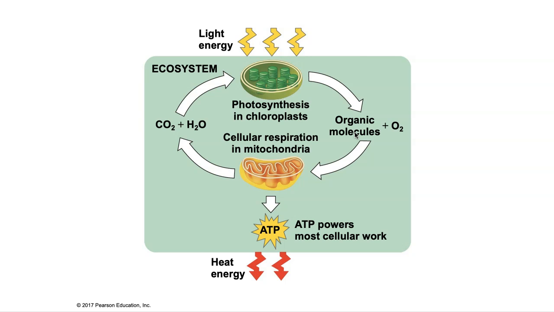So then we have organisms that contain mitochondria, such as animals. Plants also do. We'll see that again, but we'll use us as an example. We are cellular respirators. We have mitochondria in our cells. So we eat, we take those molecules and we break them down.